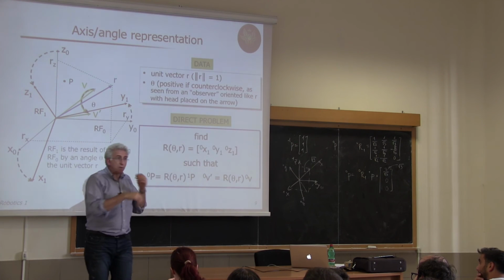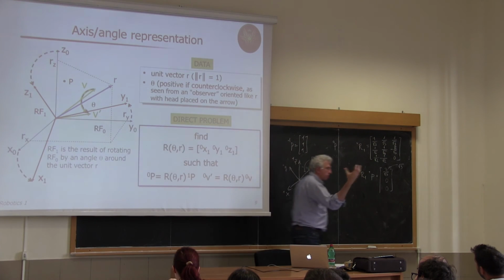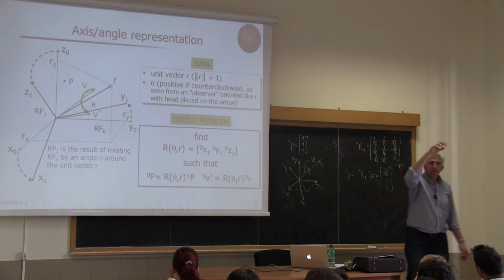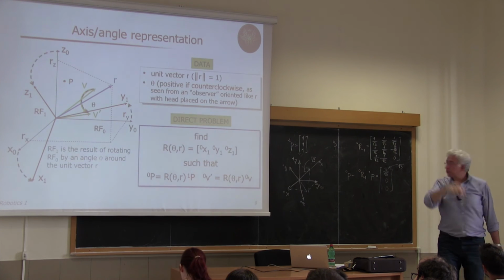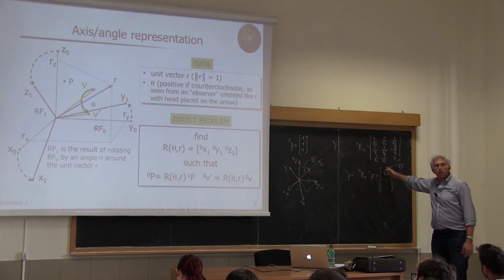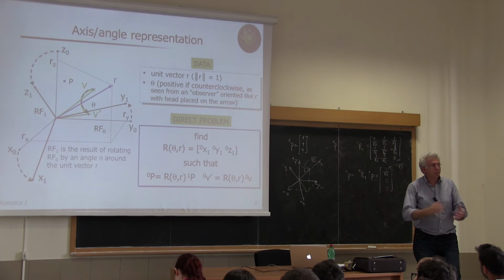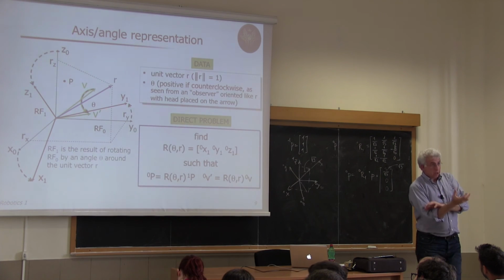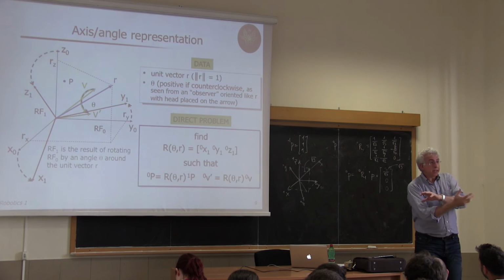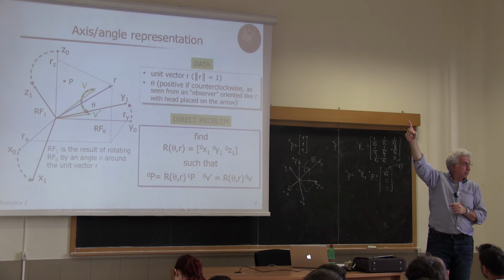The inverse problem will be, okay, I have this rotation matrix, numbers, orthonormal with determinant +1, but numbers like this one. Then I say, okay, but if I forget that this is 0, 1, it's a generic rotation matrix. Can I represent this rotation matrix as an elementary rotation of an angle theta around some axis r?